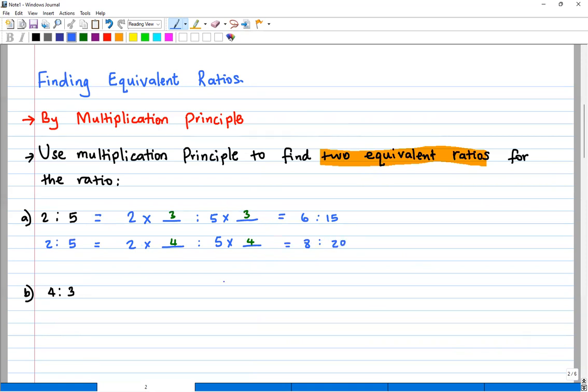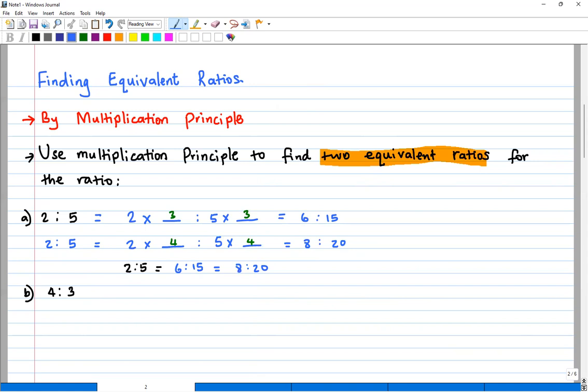So the two equivalent ratios will be 6 to 15 and 8 to 20. So we can say that the ratio 2 to 5 is equal to 6 to 15 and equal to 8 to 20, just like that.